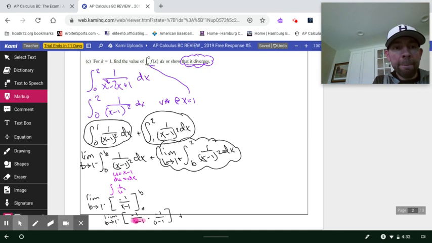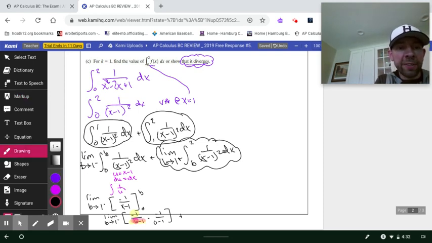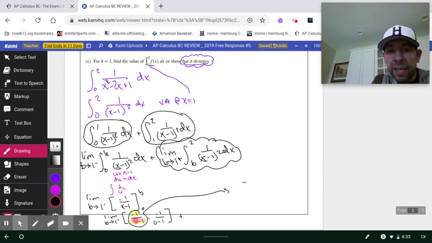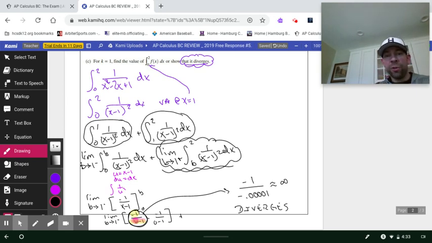So if you take negative 1 and divide it by negative 0.000001, that answer is getting really large, and it's trending towards infinity. Because this term by itself doesn't exist, we're going to say that the integral diverges, and I don't even have to worry about evaluating this second integral, because it doesn't matter whether it converges or not. If the first integral diverges, the entire thing diverges.